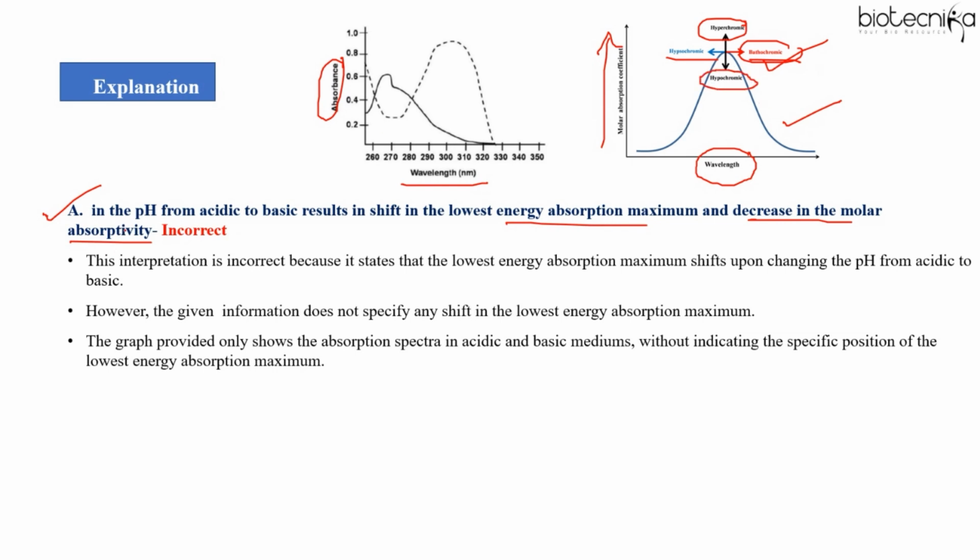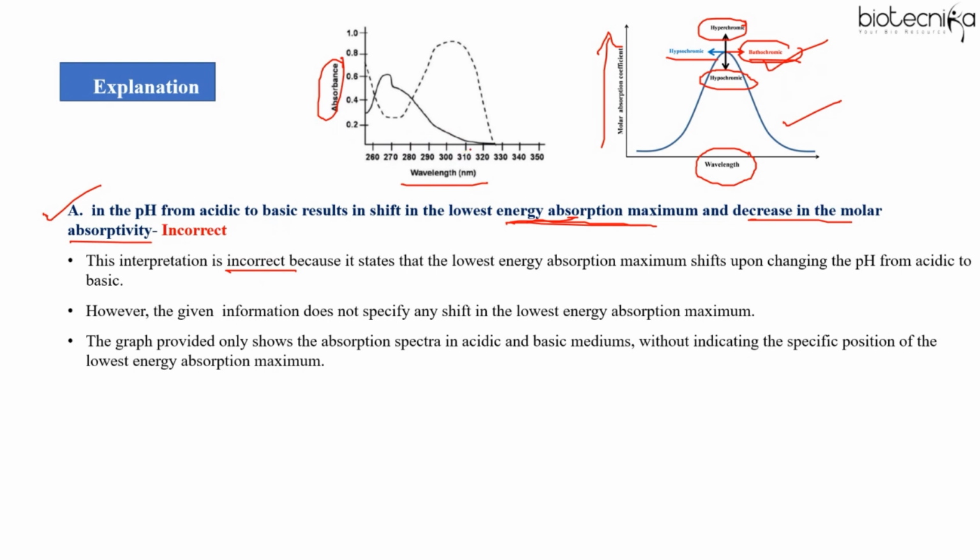So in the statement, it is mentioned that because of change in pH from acid to basic, there is a shift in lowest energy absorption maxima and decrease in molar absorptivity. So this interpretation is incorrect, right? Because the given information does not provide any information on change in lowest energy absorption maxima.